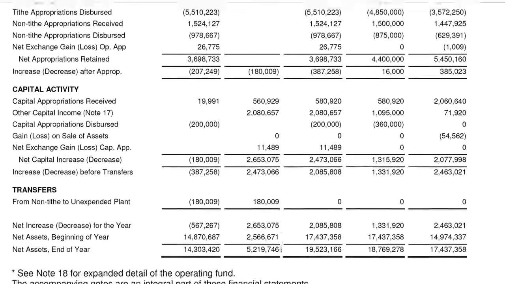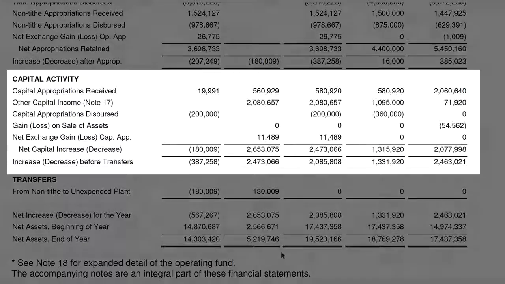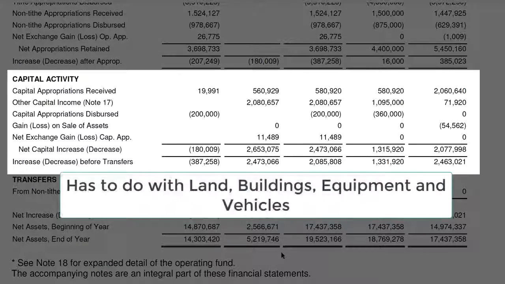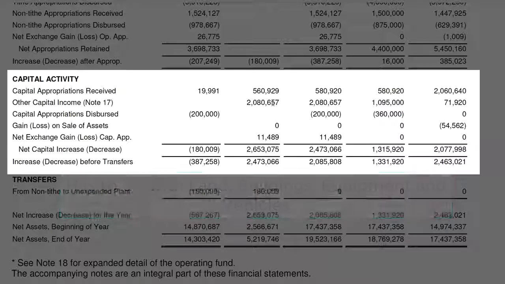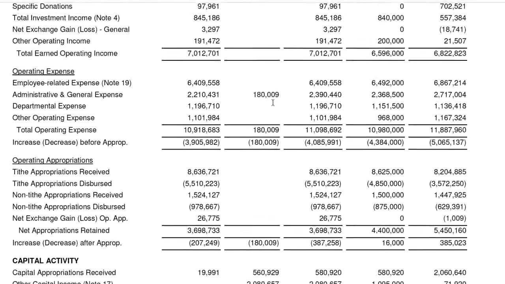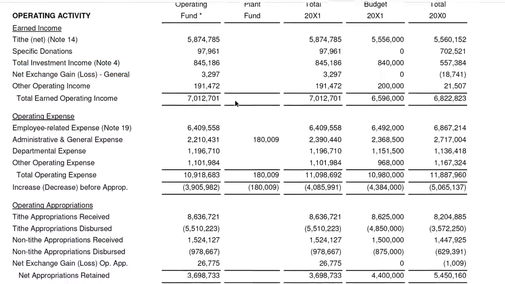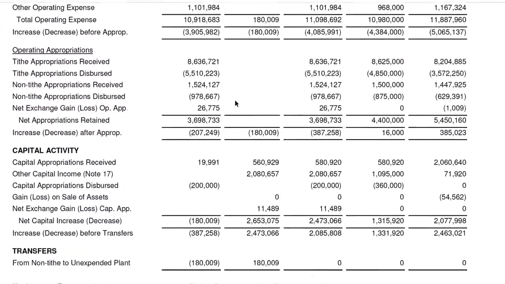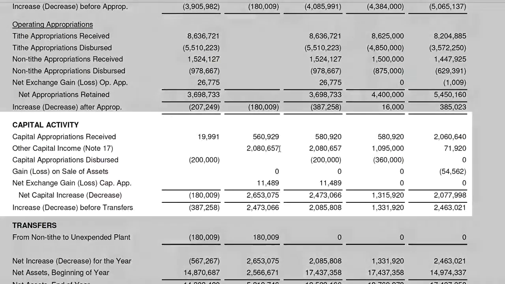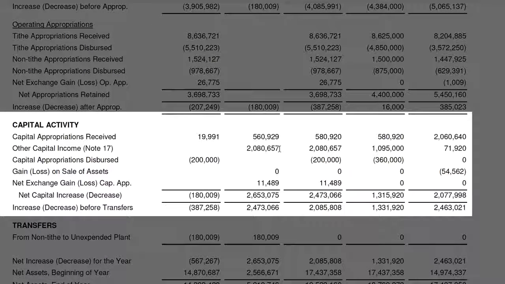The capital activity has to do with our buildings. Okay, so here we've received money for buildings. We had other capital income. This could include donations toward our building fund. Okay, so remember these were operational donations up here under operating activity. But if someone donated money toward our new building, it gets shown down here as capital income.